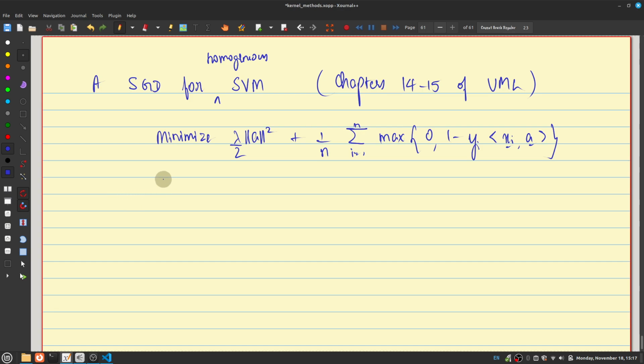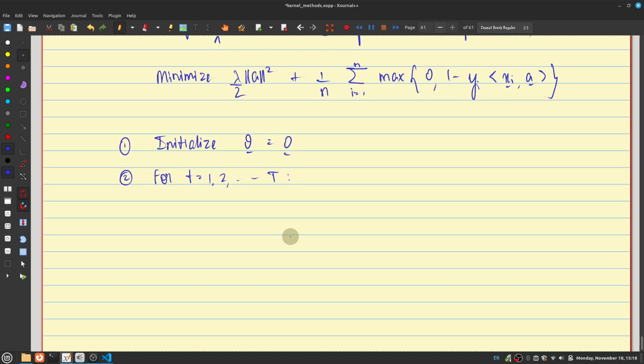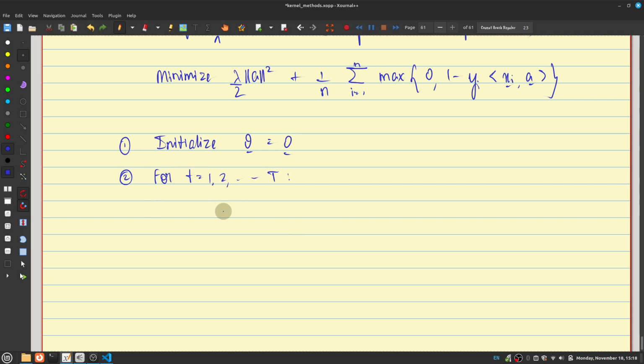Okay, so the algorithm is as follows. You initialize the vector theta to be equal to the 0 vector in R^d. Then for t equal to 1, 2, 3 up to, let's say, capital T time steps, we do the following.